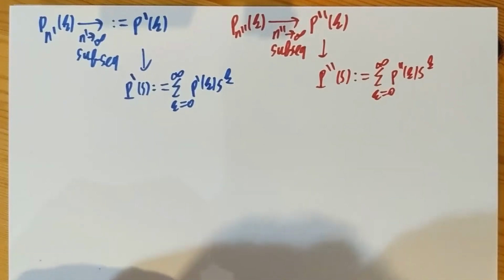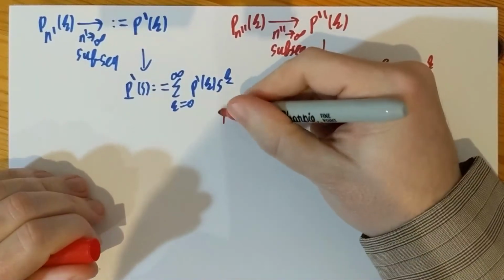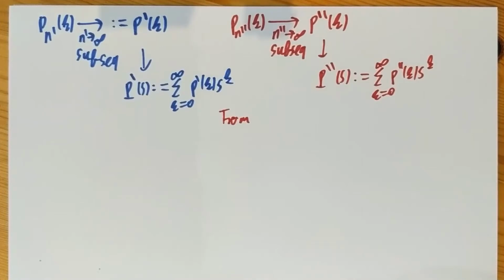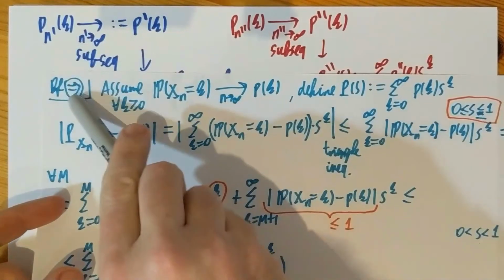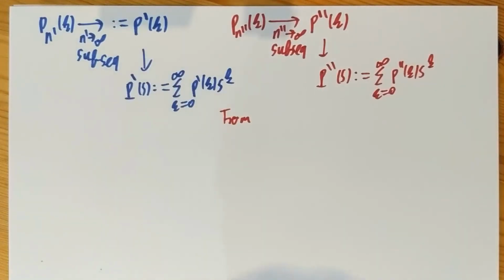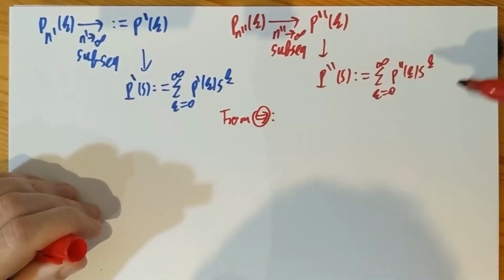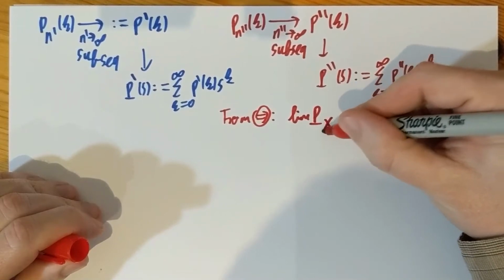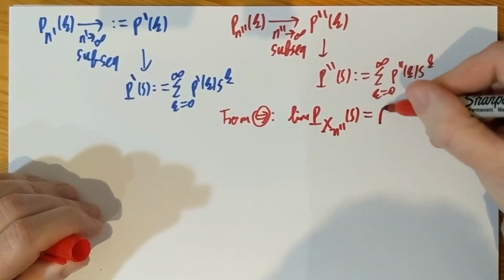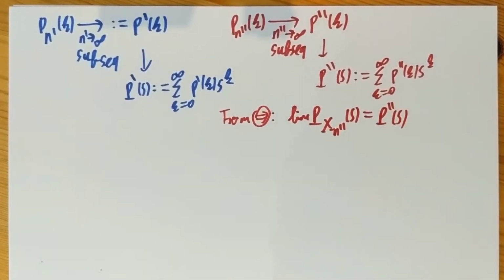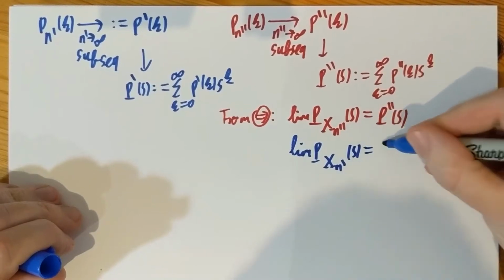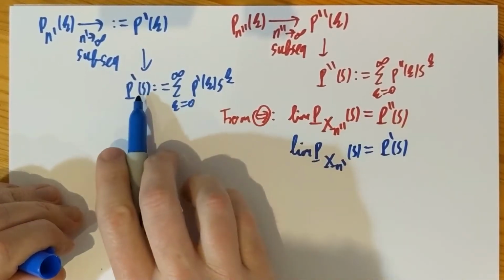From part 1, from the first part, or from this direction, we know that the limit of the generating functions for x n double prime must be this limiting generating function for the double prime sequence, and we also know that the limit of the generating functions for x n prime must be this generating function produced out of the limits.